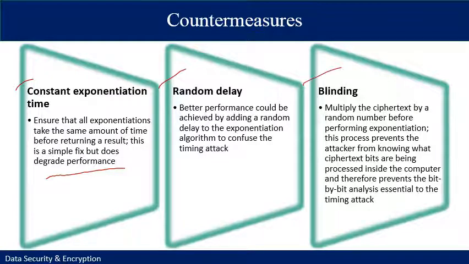And finally, you can add some blinding by multiplying the ciphertext with a random number before performing the exponentiation. This process prevents the attacker from knowing what ciphertext bits are being processed inside the computer, and therefore prevents the bit by bit analysis essential to the timing attacks.